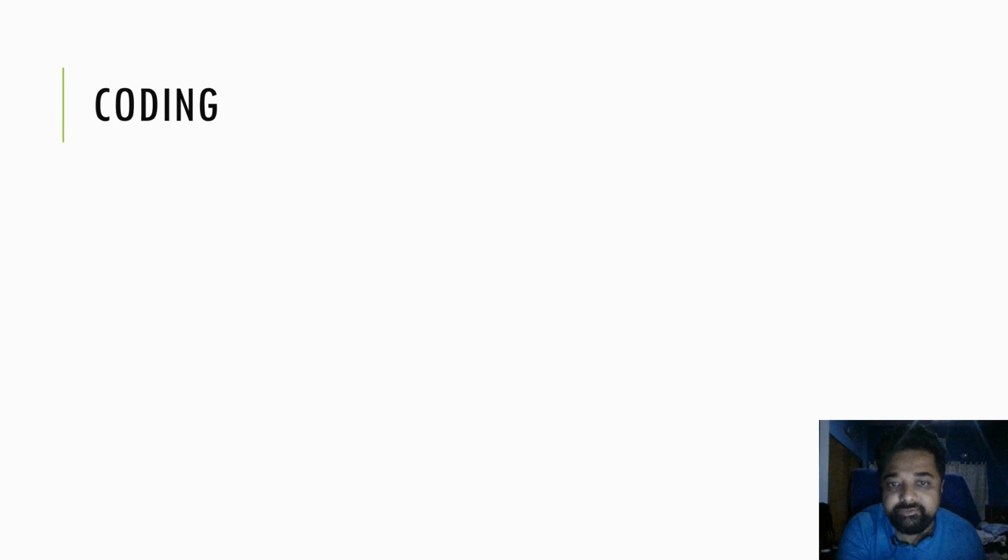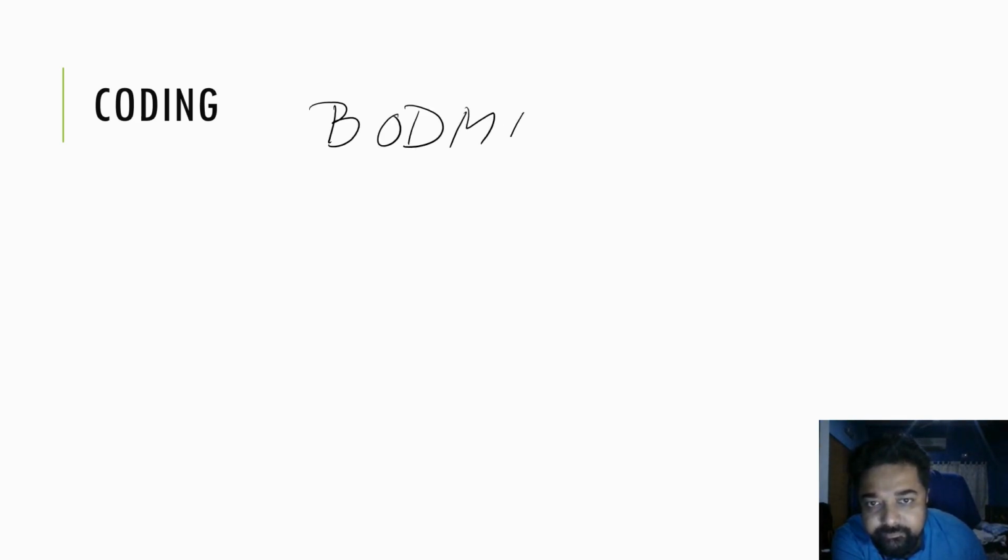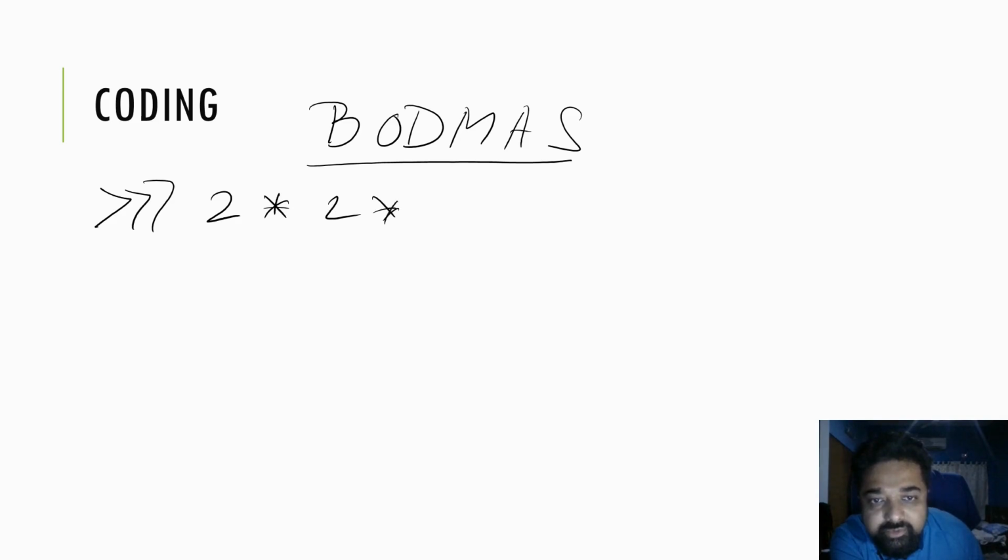Simple coding. Another thing is that for brackets we use the BODMAS rule in mathematics. We can do the same thing, and you can apply the BODMAS rule in Python also. There is a power function. Suppose you have to write 2 into 2 into 2.